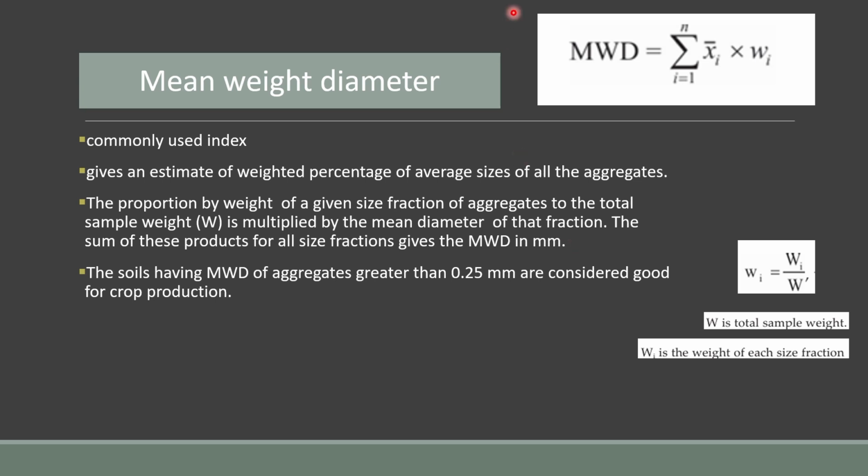So what we will do is take the mean diameter of, for example, sand. Sand will have a mean diameter, that is x bar, the mean diameter of the fraction. Then W is how much weight of sand is present.